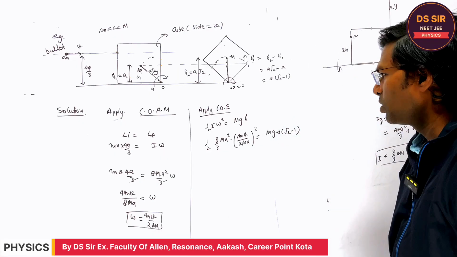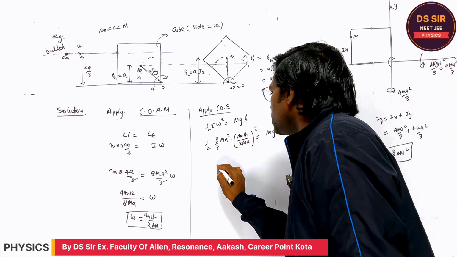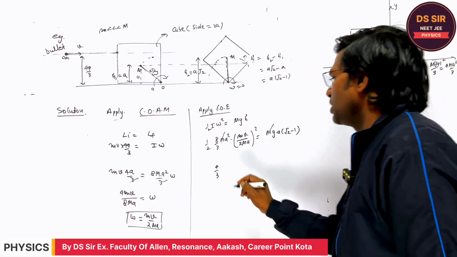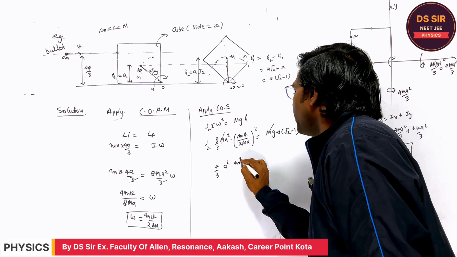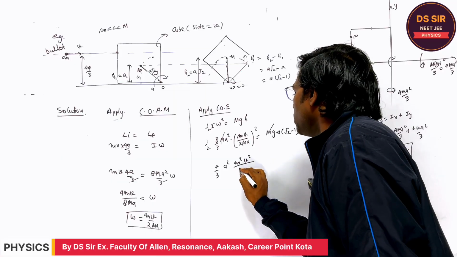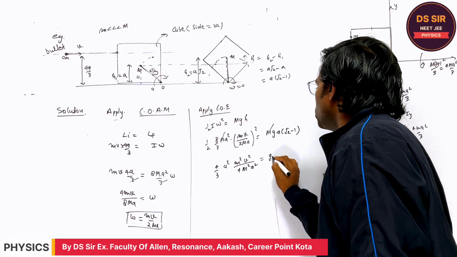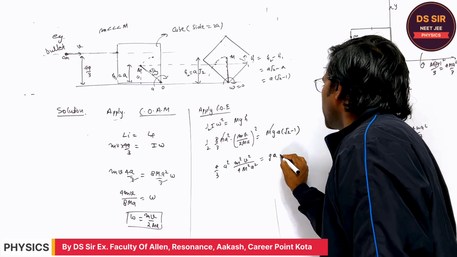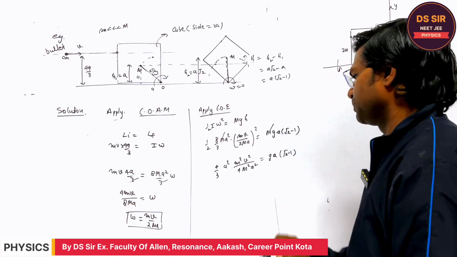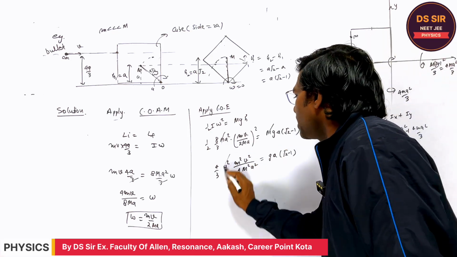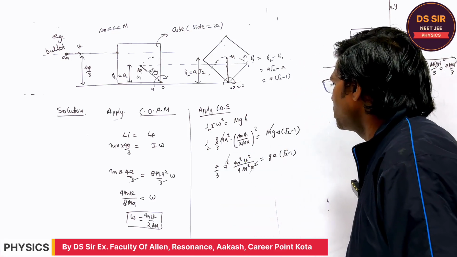Is it clear or not? So this is 4 upon 3. The capital M will cancel out. This is a square, small m square v square upon 4 capital M square a square is equal to g into a, root 2 minus 1. With the help of this, we can find the speed v. A square will cancel out.